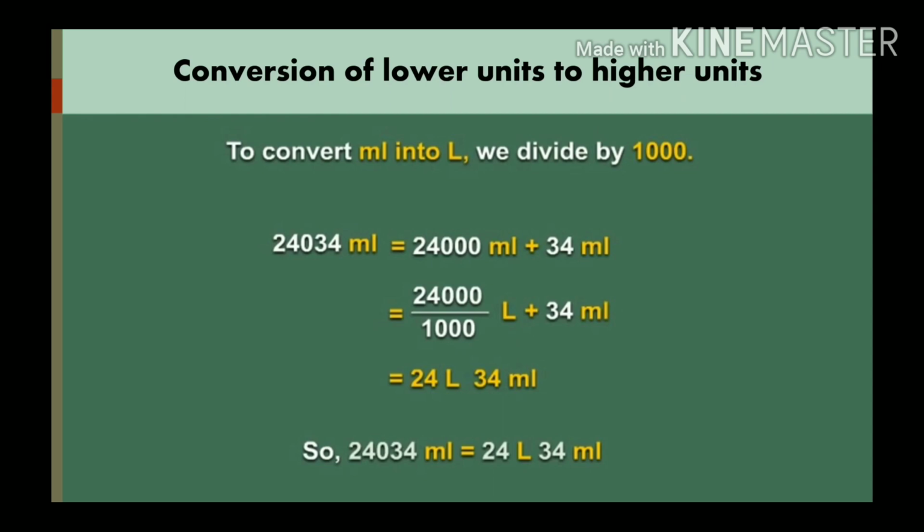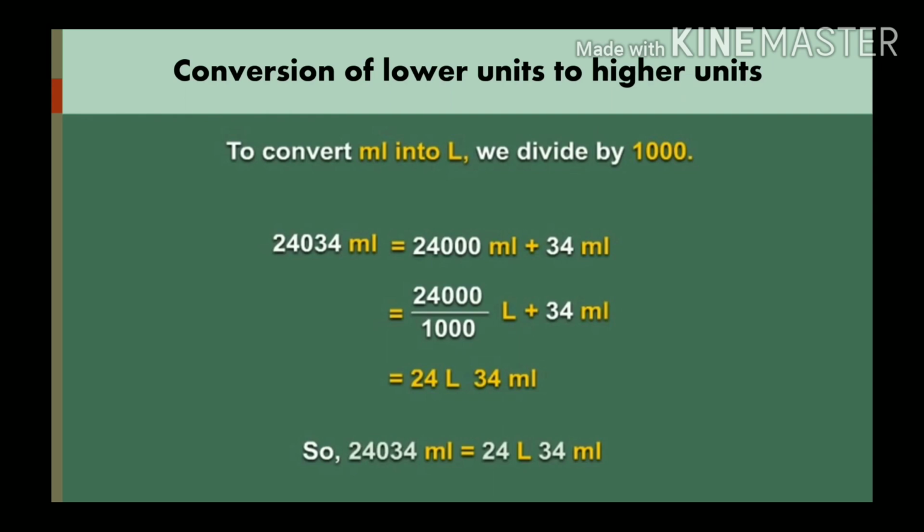So when you divide 24,000 by 1000, you will get 24 liters, and 34 milliliter you have to write as 34 milliliter. So 24,034 milliliter is converted into 24 liter and 34 milliliters.